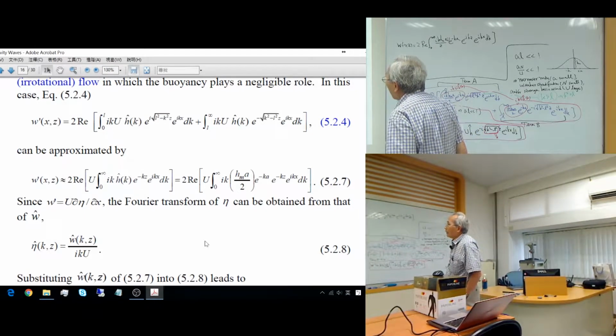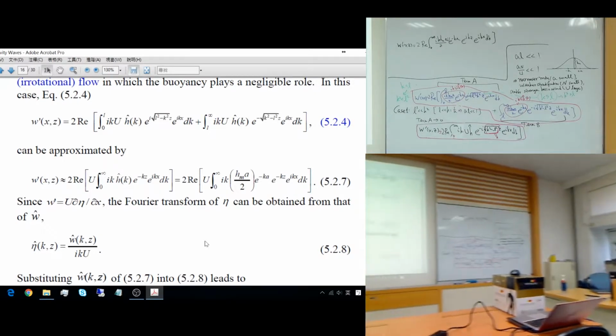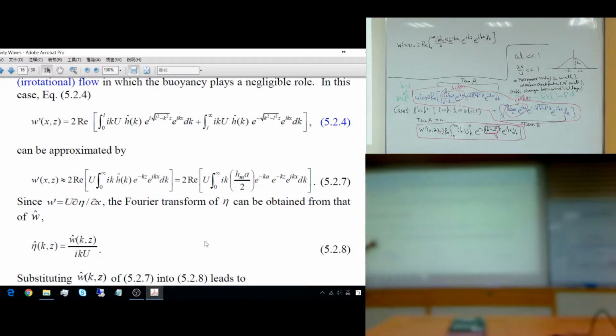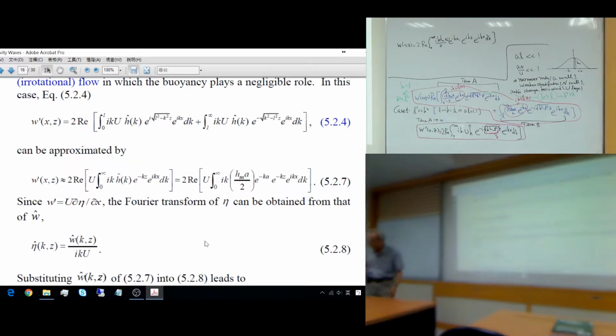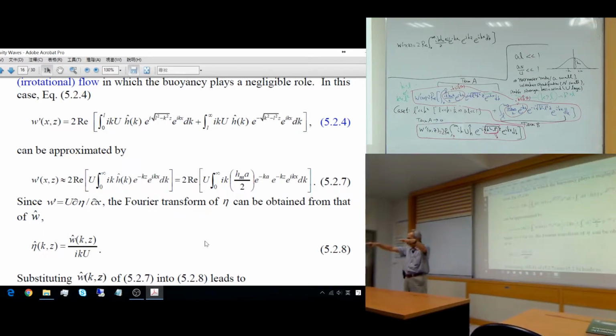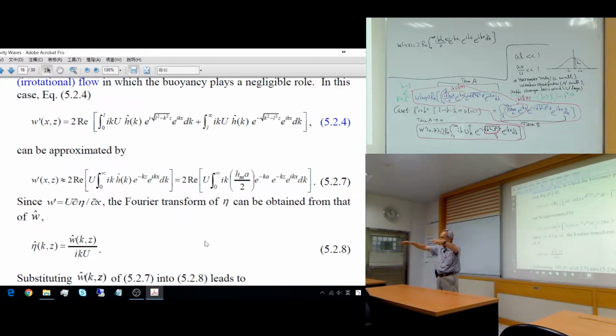Again, we can also use the eta, because eta is related to W prime by this equation. Eta is the vertical displacement. At a certain undisturbed height like 3 kilometers, eta will be up, up will be positive, down will be negative.